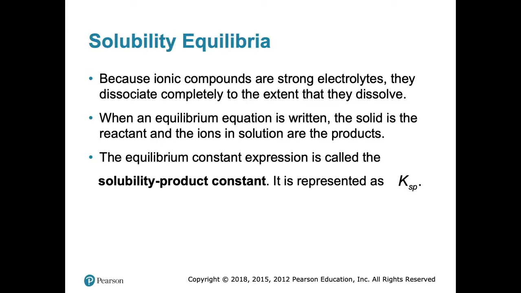Kind of like when we were doing acid-base equilibrium, we had the acid as the reactant, and then the conjugate base and the conjugate acid as the products. But here it's the solid as the reactant, and the solution ions will be the products, and we can make that equal to Ksp.